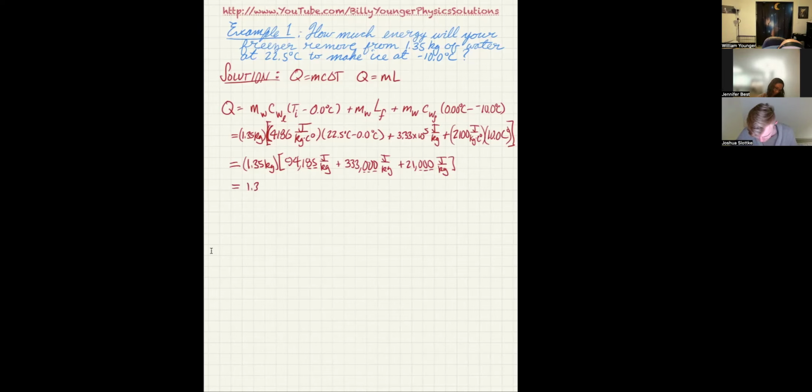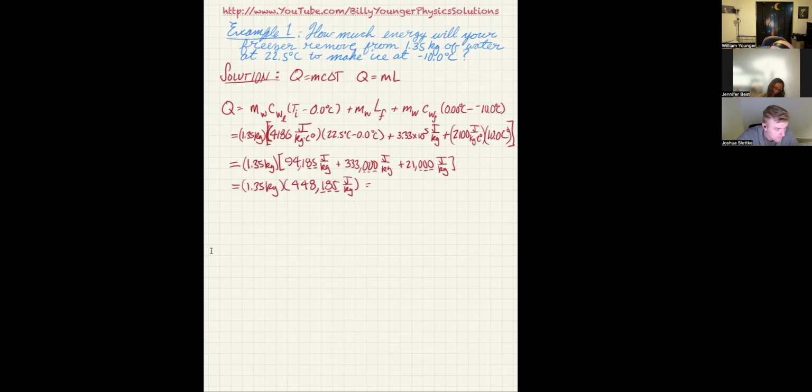So I've got 1.35 kilograms times, in this case, it turns out to be 448,185 joules per kilogram. Of course, as I said, the hundreds place, the tens place, and the ones place are not significant, so I can't do more than that.